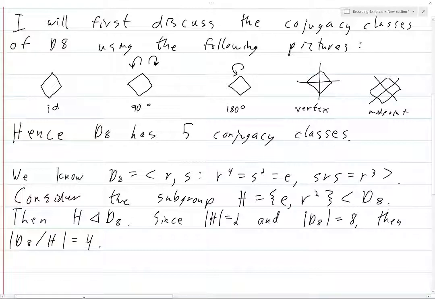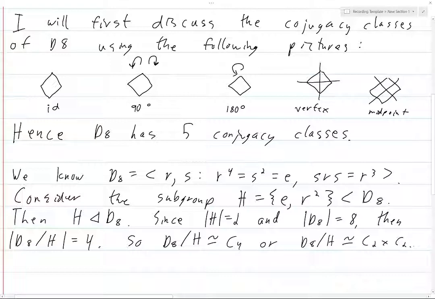So it's of order 4. So what do we know? D8 mod H is either isomorphic to C4 or D8 mod H is isomorphic to C2 cross C2.